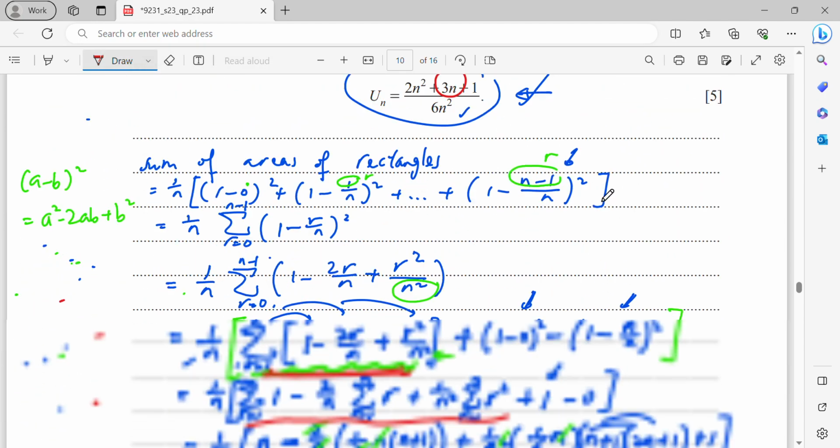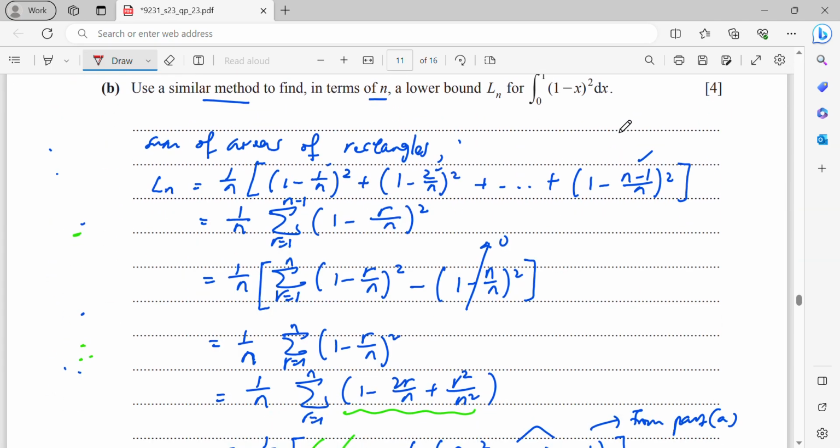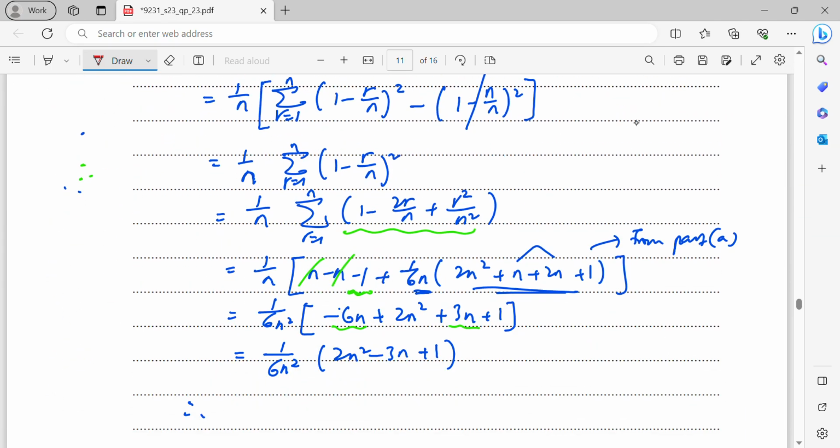So obviously now your integration is greater than the ln. So now the integration, which is the area under the curve, is greater than ln, whereby the ln equals 2n squared minus 3n plus 1 over 6n squared. Okay, so that's the solution of this question.